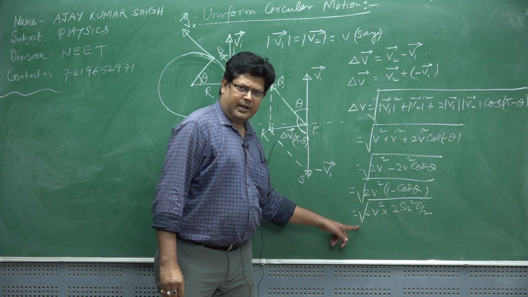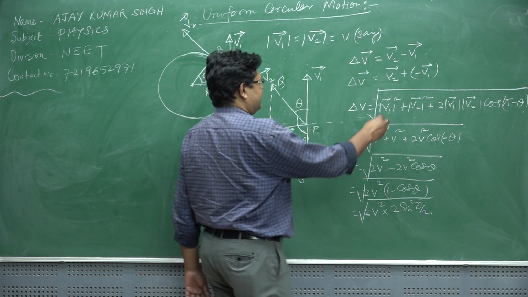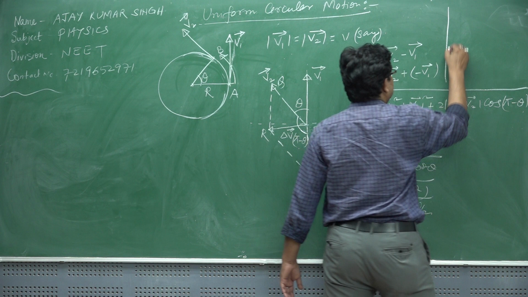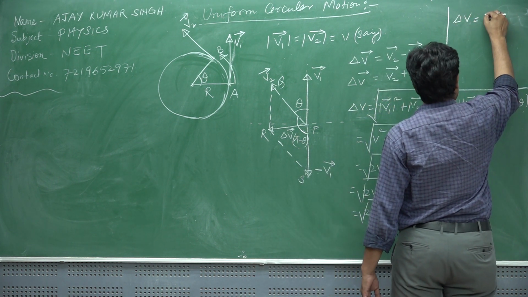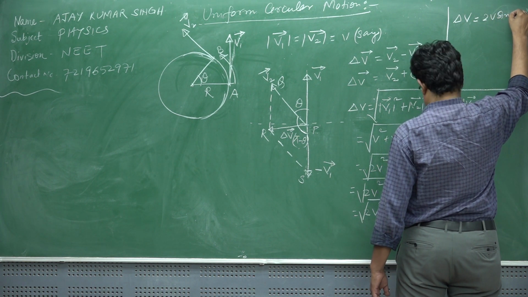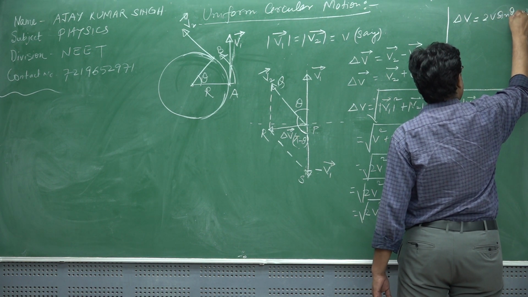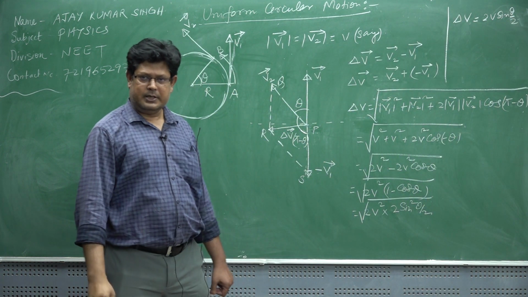So taking the square root of these terms, what do we get? So we can get that delta V is equal to twice V into sine theta divided by 2. This is change in velocity, right?